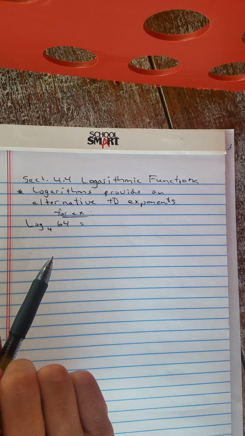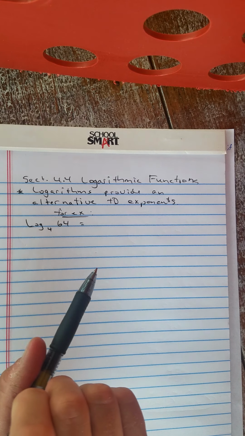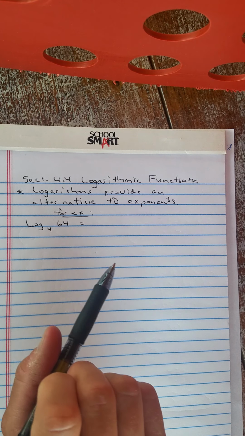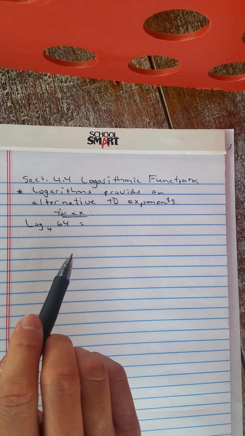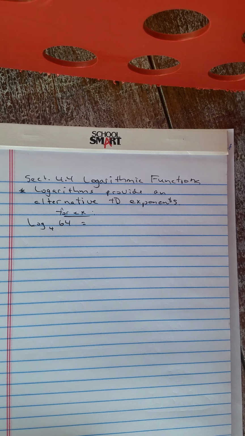Section 4.3 was working with the natural number e, which proved to be a little bit frustrating at times and kind of murky and confusing. Unfortunately, we're going to continue with the theme of, not necessarily difficult work, but just a little bit of confusing stuff going on, maybe a little bit of uncertainty in terms of if we're doing it correctly. So section 4 is about logarithmic functions, and logarithms.